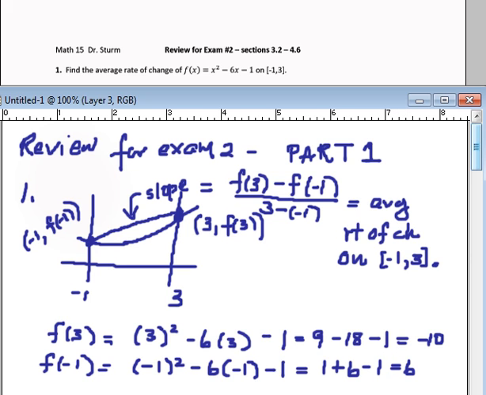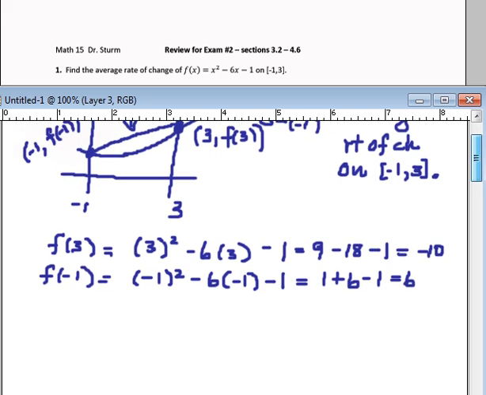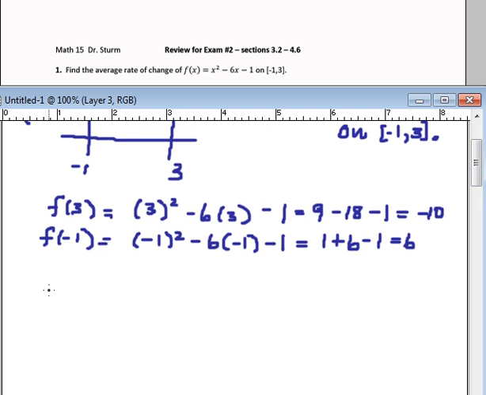Alright, so we have f of 3, that's minus 10. Subtract f of minus 1, we're subtracting 6. And we're dividing by 3, subtract minus 1. So that's minus 16 over 4.